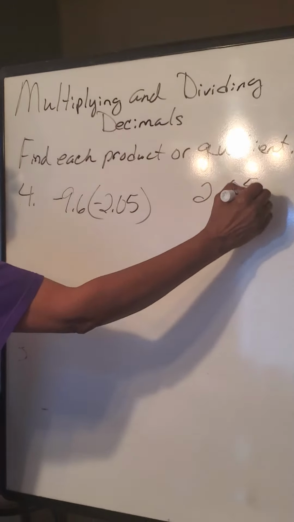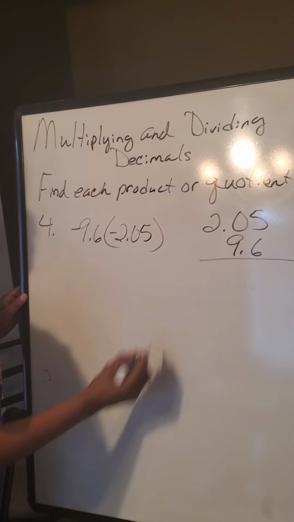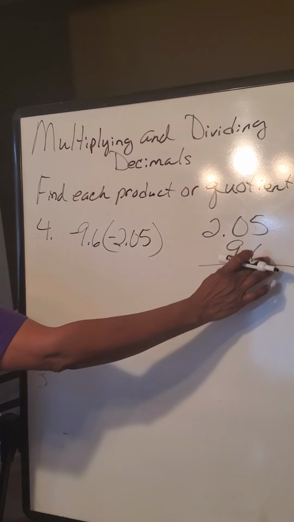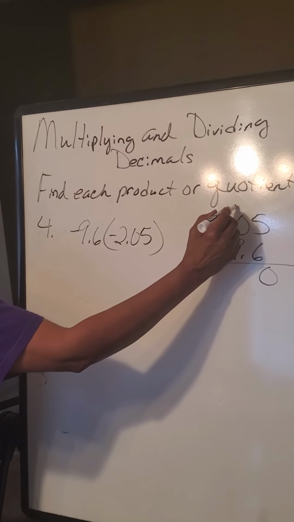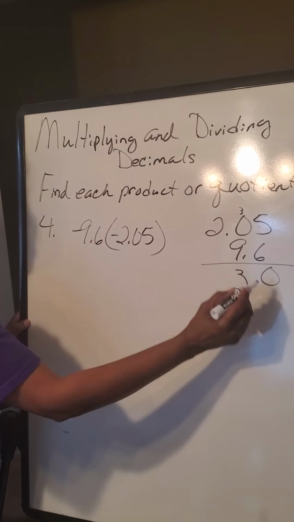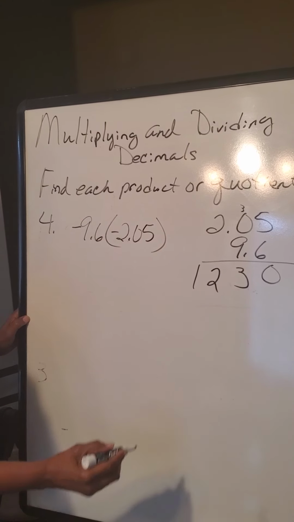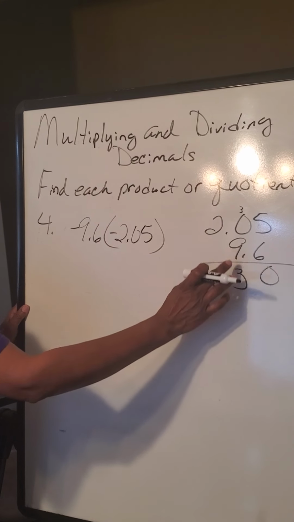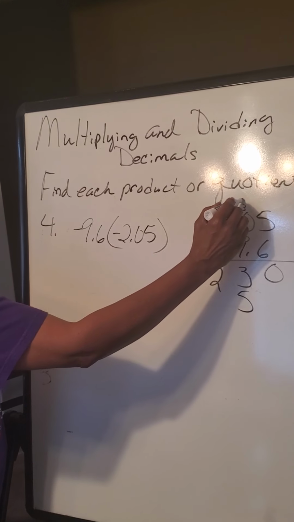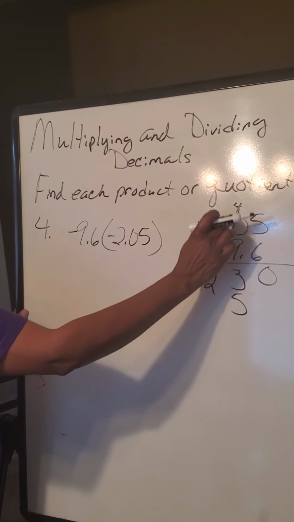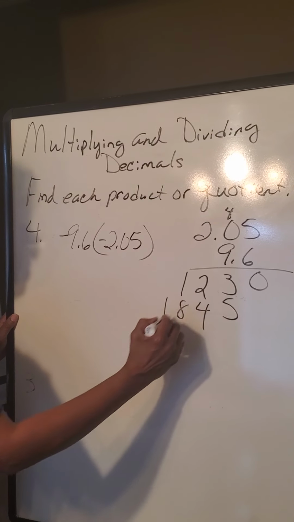So I'll take 2.05, multiply it by 9.6. As I multiply, 6 times 5 gives me 30. 6 times 0 is 0, plus 3 gives me 3. And 9 times 2 gives me 12. Now multiply by 9. 9 times 5 gives me 45. 9 times 0 is 0, plus 4 gives me 4. And 9 times 2 gives me 18.